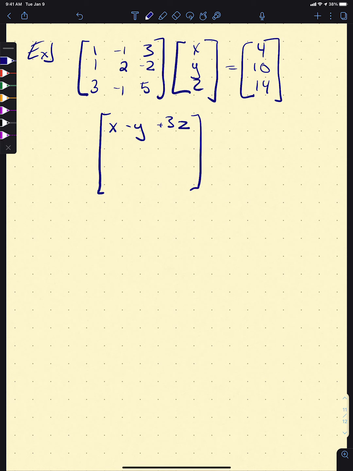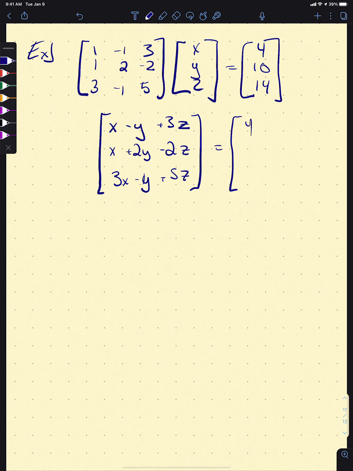Okay, what's the second one going to be? Well, it's going to be 1x, plus 2y, minus 2z. And then our third row is going to be 3x minus 1y plus 5z, okay?